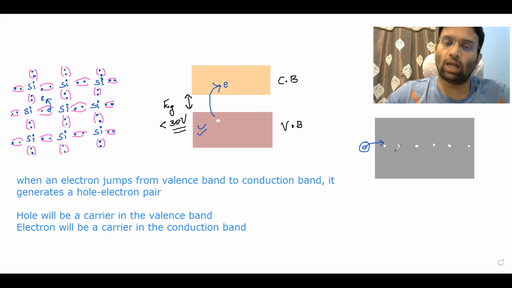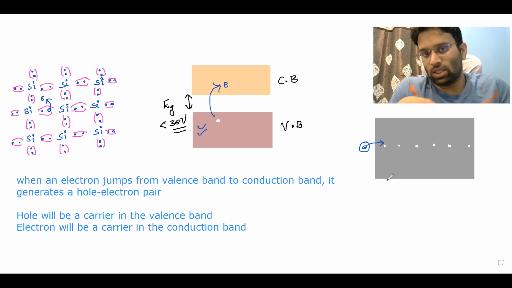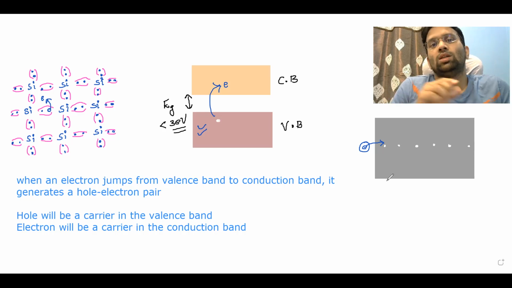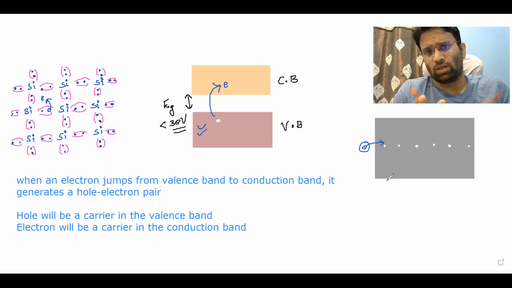As soon as this hole gets filled, it is annihilation of the electron-hole pair. That means the electron-hole pair is lost. So the silicon got octet configuration, everything.